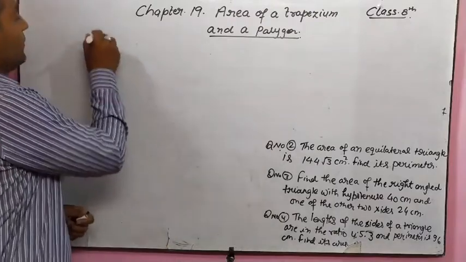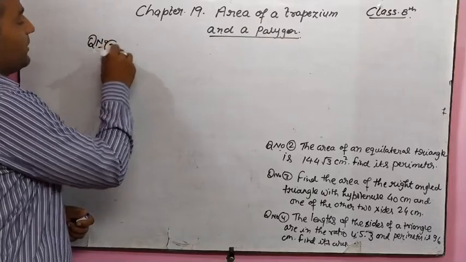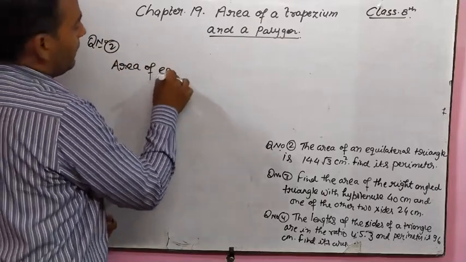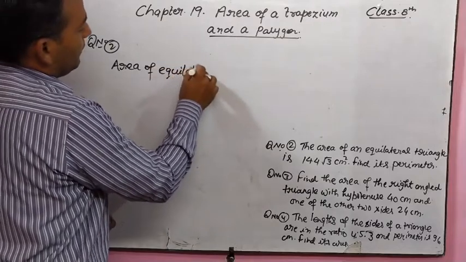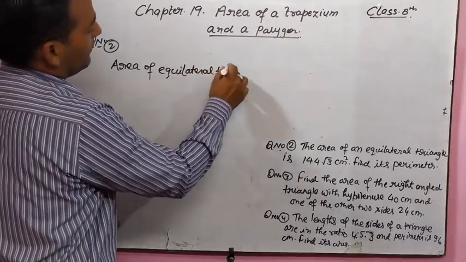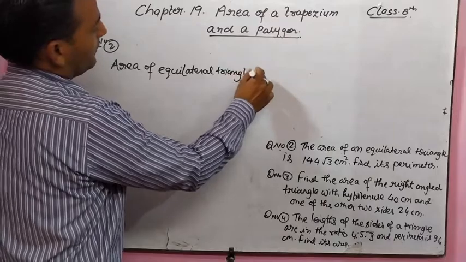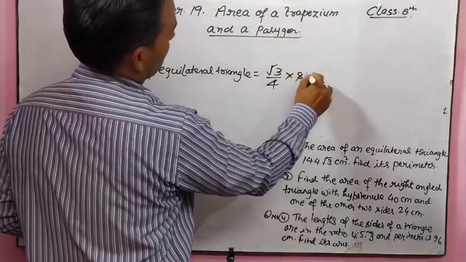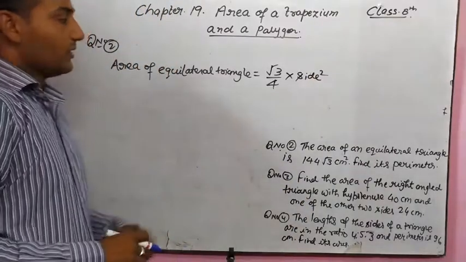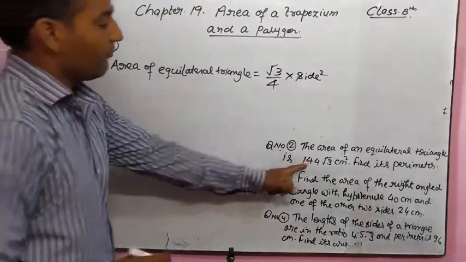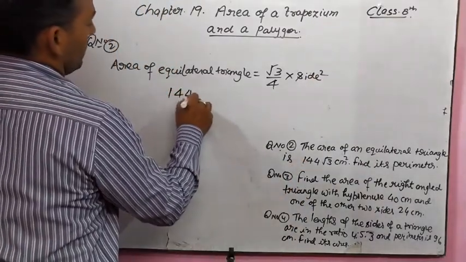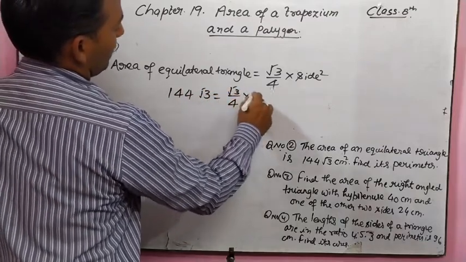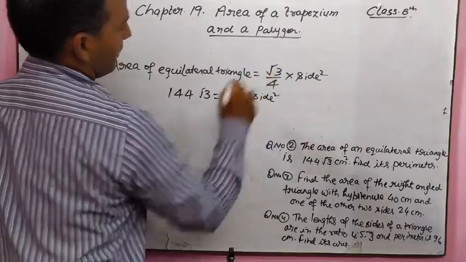If you remember the formula, area of equilateral triangle is equal to root 3 by 4 into side square. Okay. So area of equilateral triangle is given 144 root 3, equal to root 3 by 4 into side square.